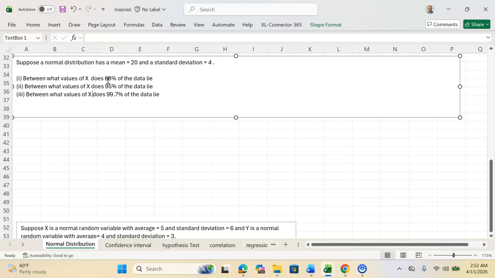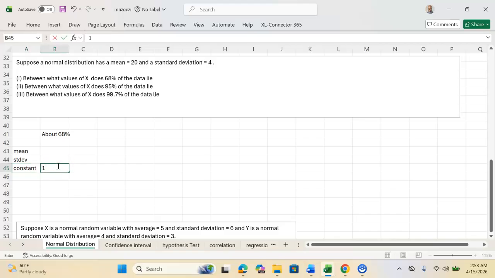In this case, I'm going to write here 68%. We have the average or mean, then the standard deviation, and then x. With 68%, we have a constant.